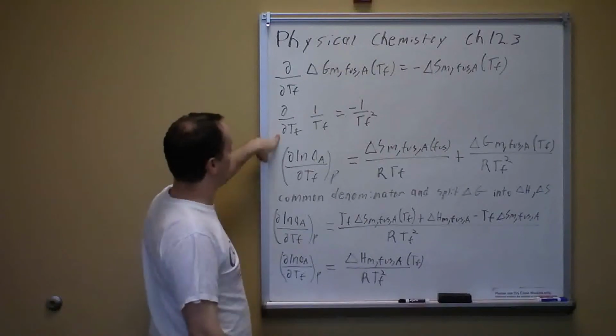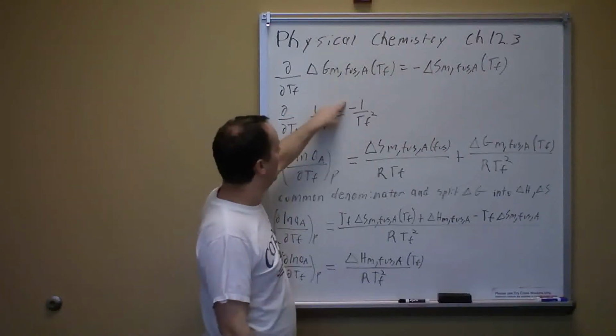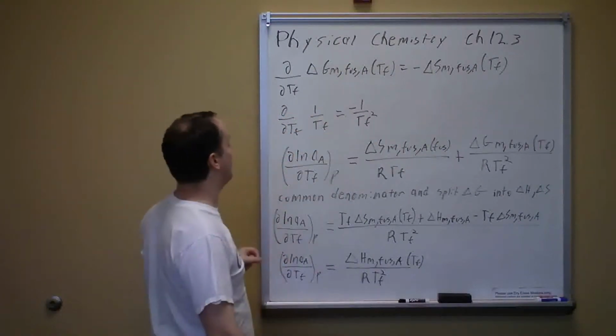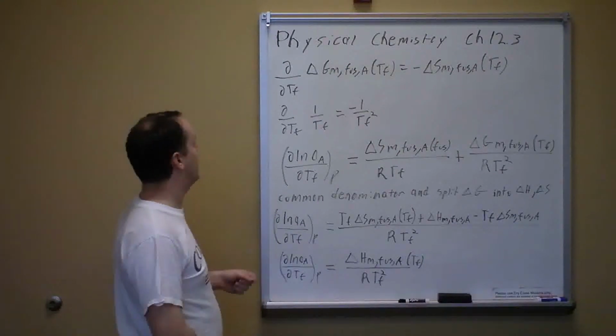Then the derivative with respect to T_F of 1 over T_F is just minus 1 over T_F squared. Remember, T_F is the freezing point temperature that we're looking at.